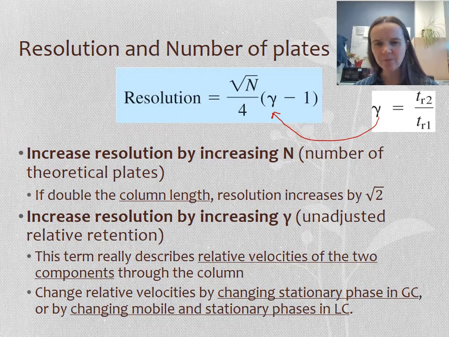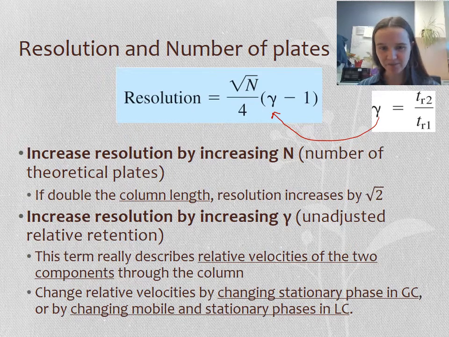And so that can really help you. If you've got a different interaction, a different partition coefficient between the analytes of interest, then you're able to change gamma. So you can always increase the number of plates by buying a longer column. By the way, you do have to buy a longer column, or you can change the stationary or mobile phase composition.